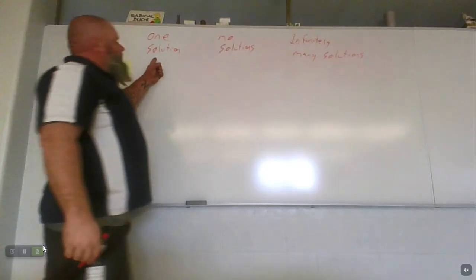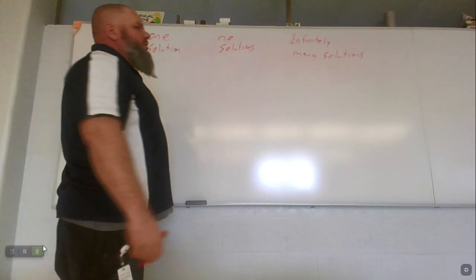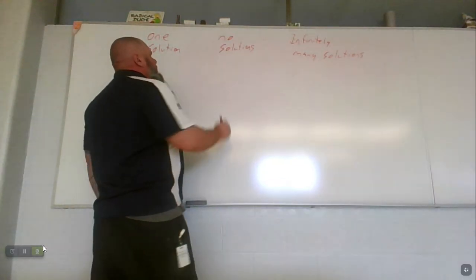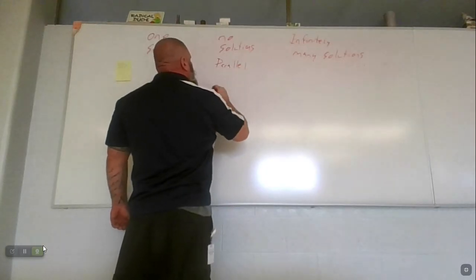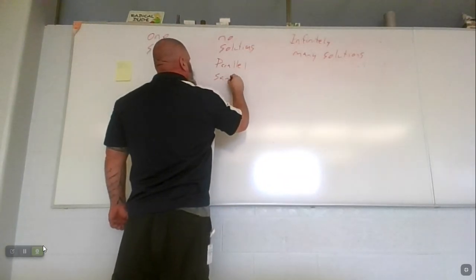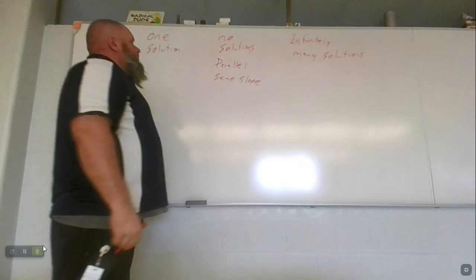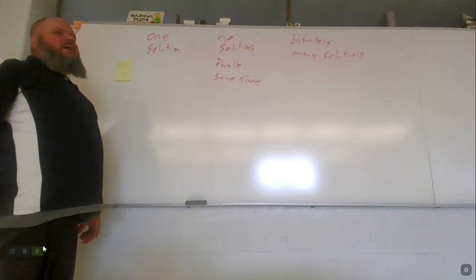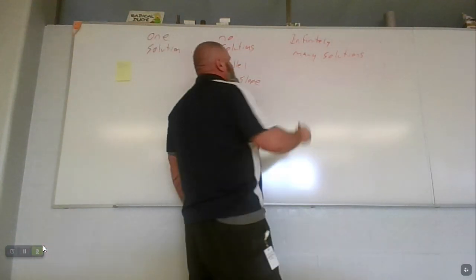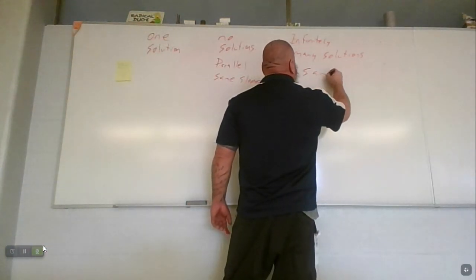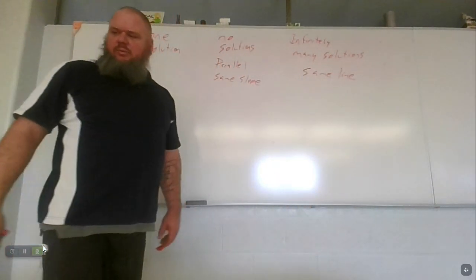If I give you a system with no solutions, that means they are parallel. And to be parallel, that means they have the same slope. So no solutions are parallel lines, they have the same slope. And infinitely many solutions means they're the same line. Let's take a look at a couple of examples of those.